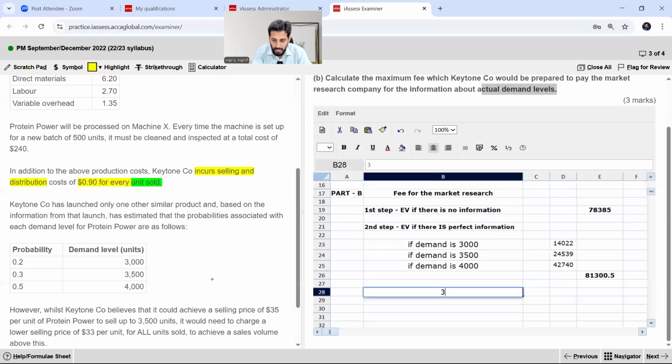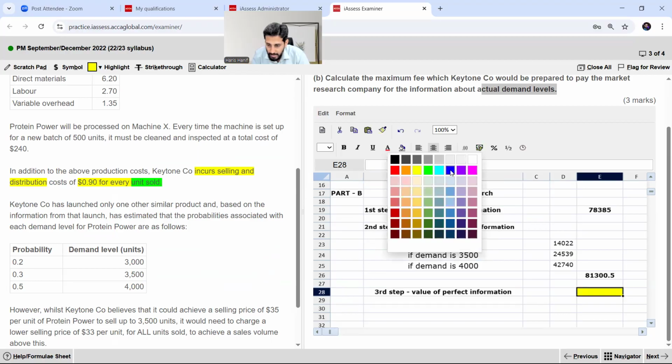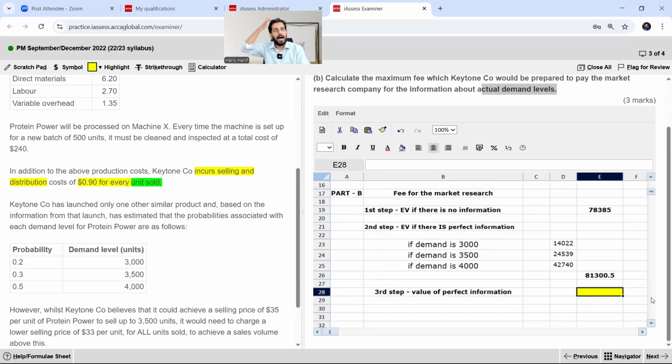Now the third step would be the value of perfect information, and how to calculate it. See, again, I had no information. There is a benefit of 78,000.